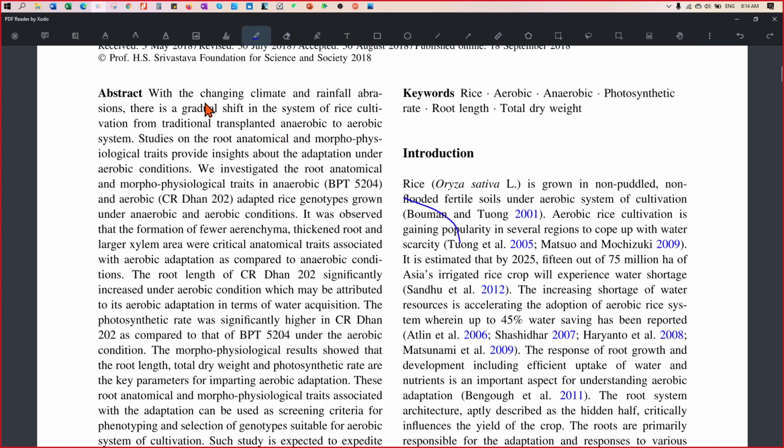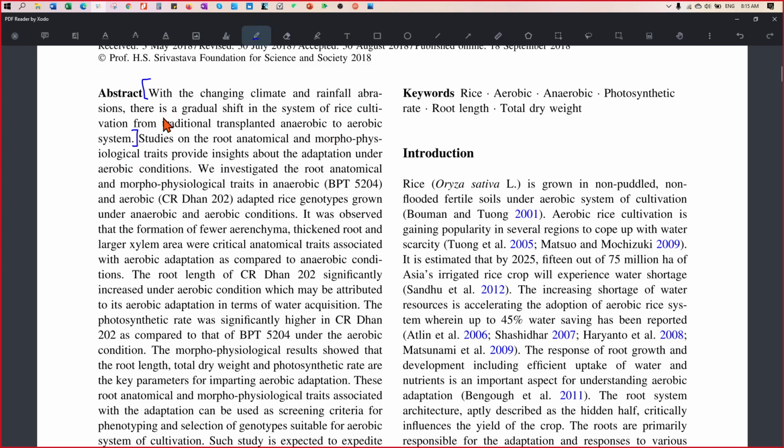So it just tells you the general information about a rice cultivation system, from anaerobic to aerobic system due to this rainfall pattern.